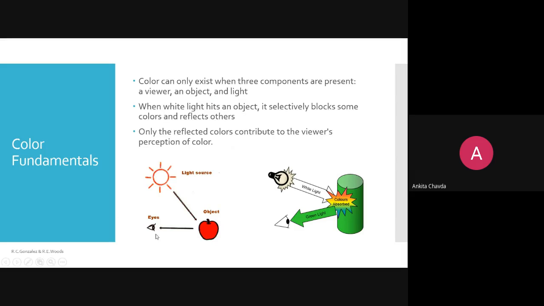So our eye can see that this is a red object.